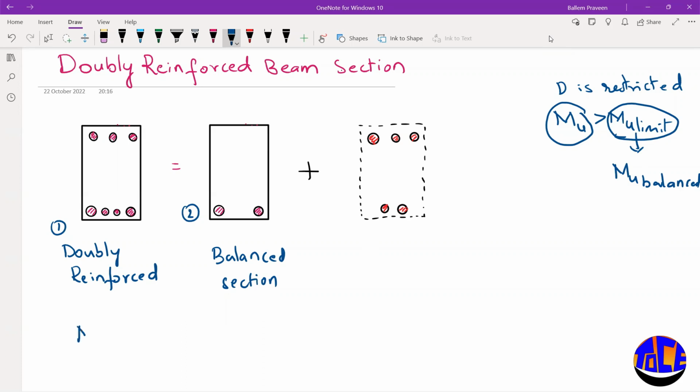So this is the Mu. Mu is equal to Mu limit plus Mu additional or excess.